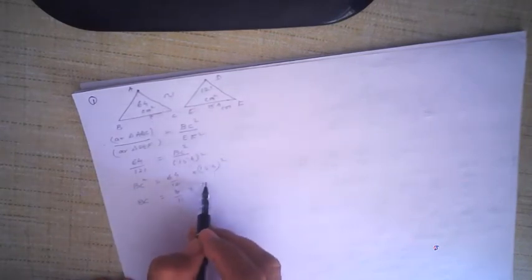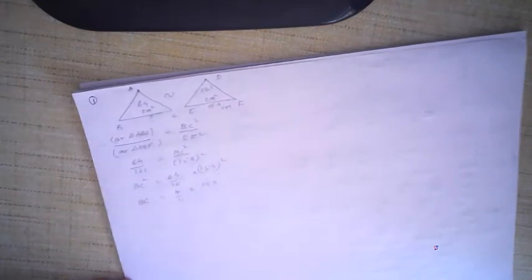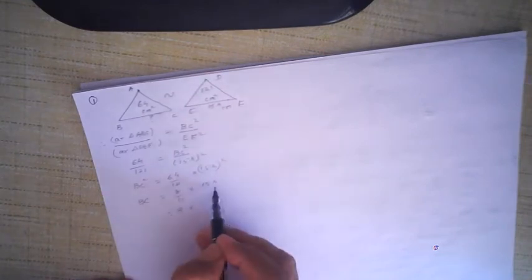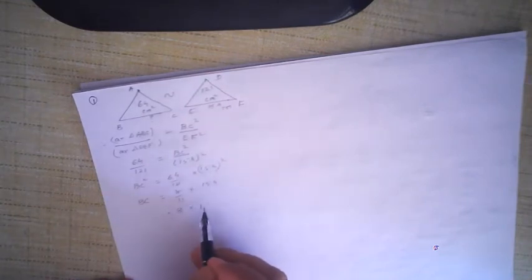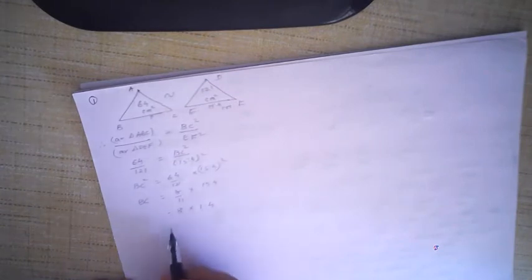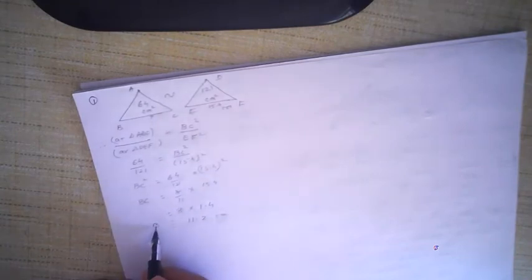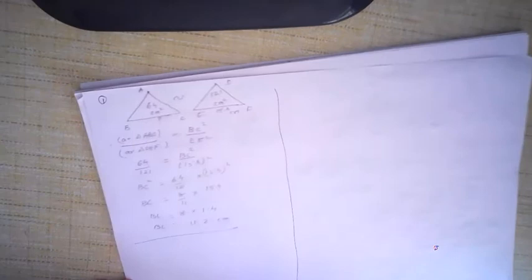Now let us see if I can divide 15.4 by 11. 11 ones are 11, 44, 11, 1.4. Then 8 times 1.4 is 11.2 centimeters. Therefore, BC is equal to 11.2 centimeters.